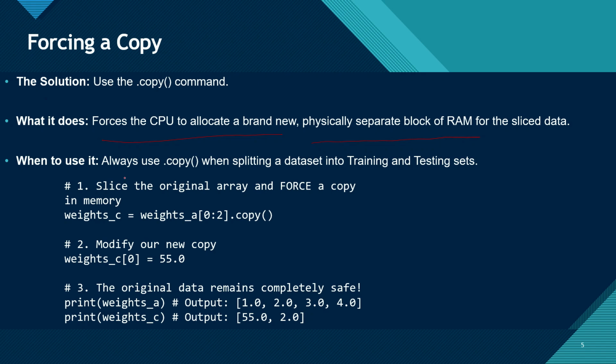Always use .copy when splitting data into training and testing sets. So we slice weights_a and use copy, which creates a new copy, and if we modify it here, it will not modify our original data. The original data is 1 2 3 4, and you can see the output here is 55.0, while the original stays the same.